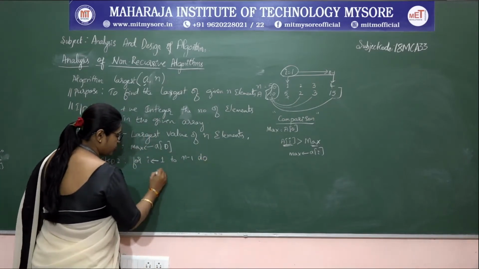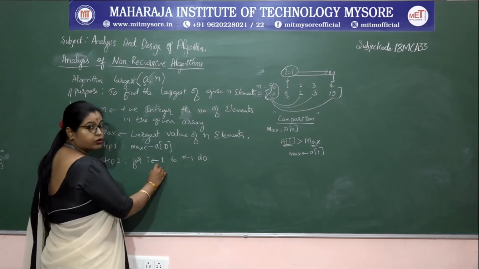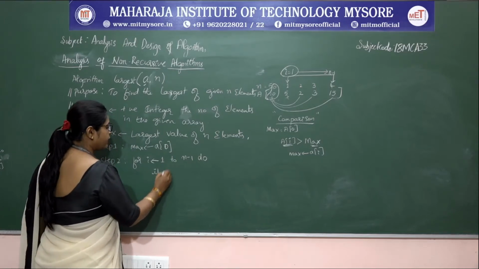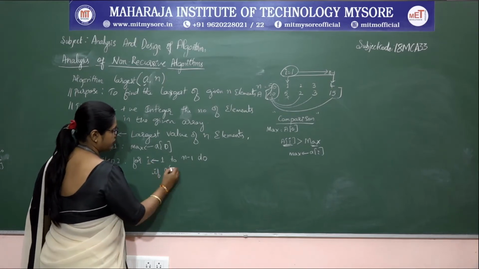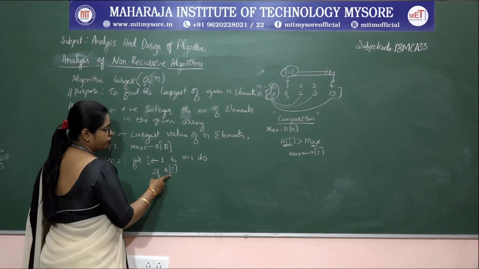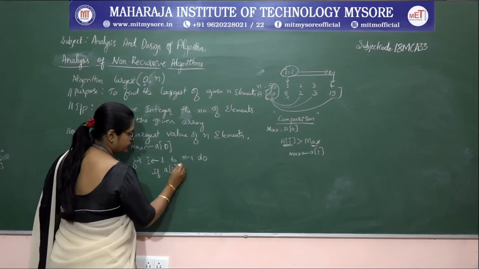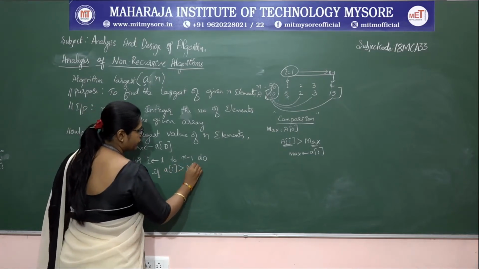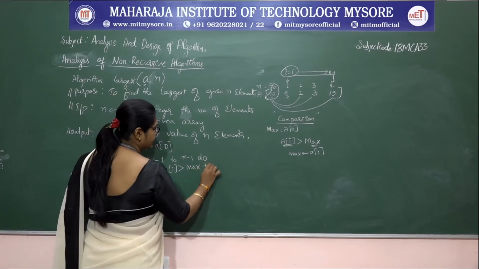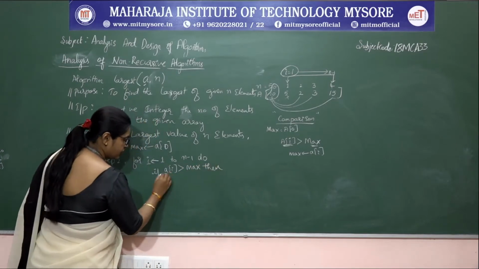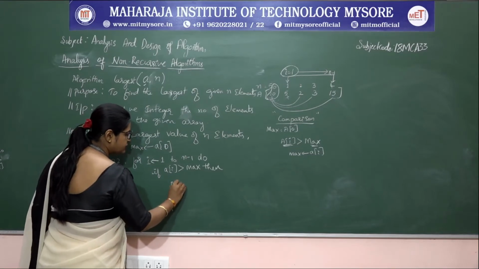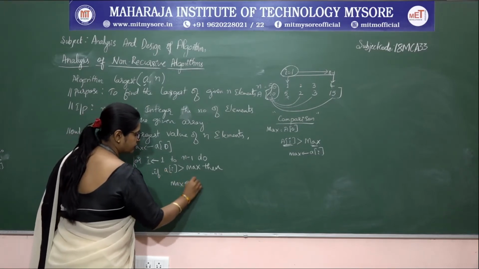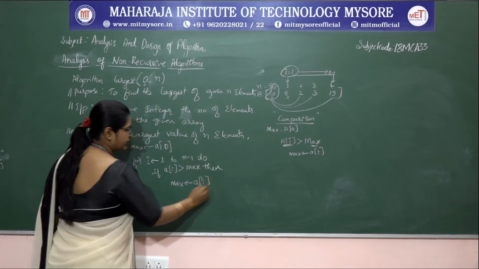So what we need to do? What is the operation? We need to check the condition. If A of I, where I starts with A of 1, so that is A of I, is greater than your max value, then what is the action? If so, then we need to initialize the max by A of I. Okay.